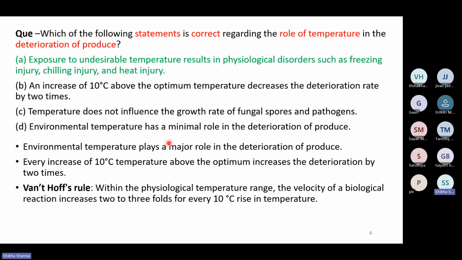Then, when dealing with temperature and biological rates, we use Van't Hoff's rule. As we discussed in the previous lecture slide, within the physiological temperature range, the velocity of a biological reaction increases 2 to 3 folds for every 10 degrees Celsius rise in temperature.